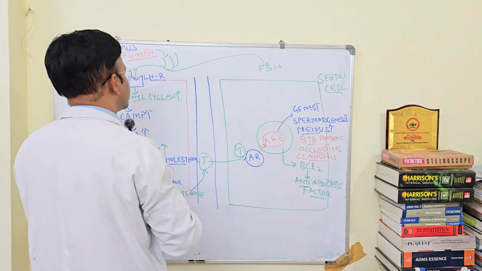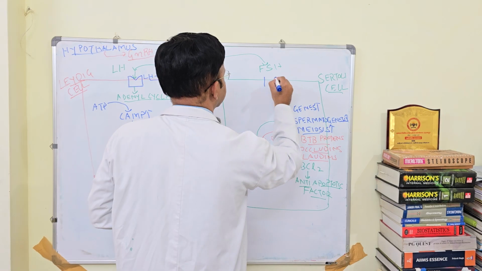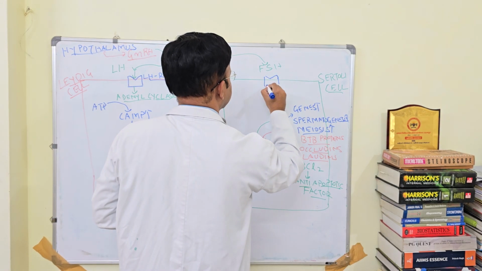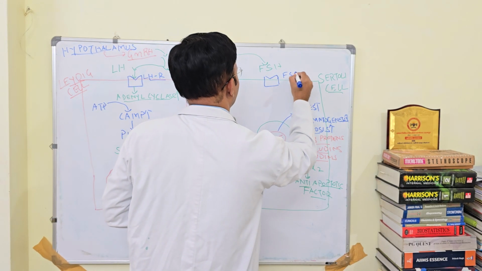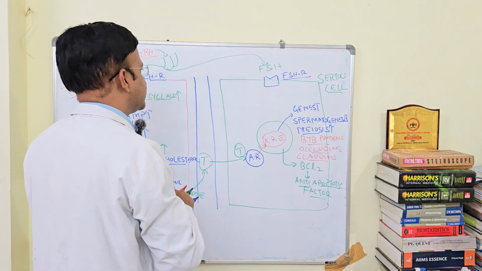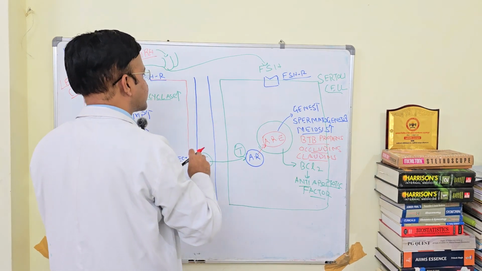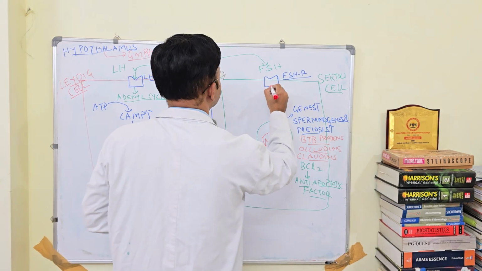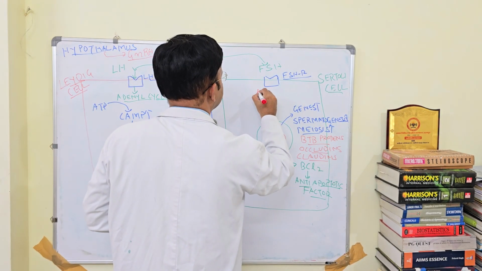FSH will also bind its receptor over here, right? And this is also a G protein coupled receptor. Since it is a G protein coupled receptor, what is it going to do? It is going to increase the level of adenyl cyclase.